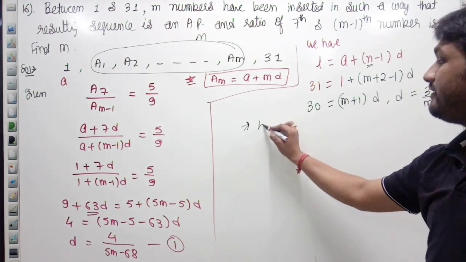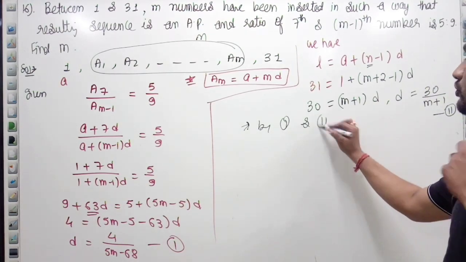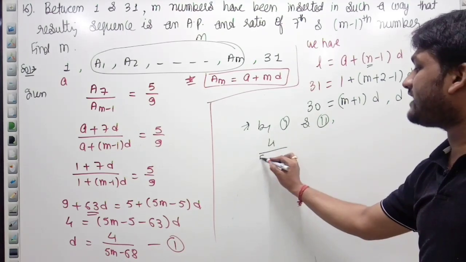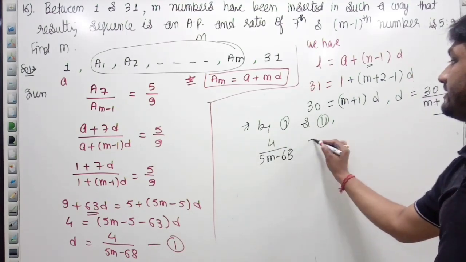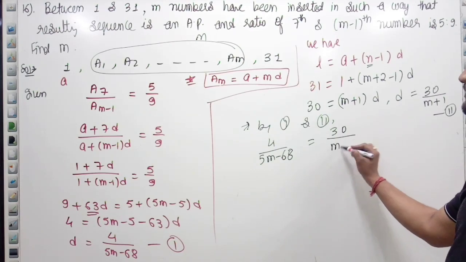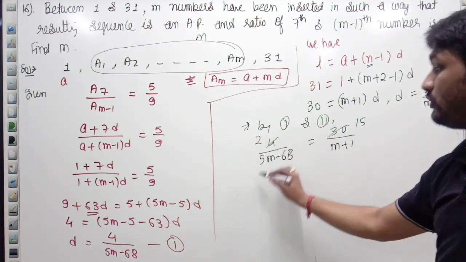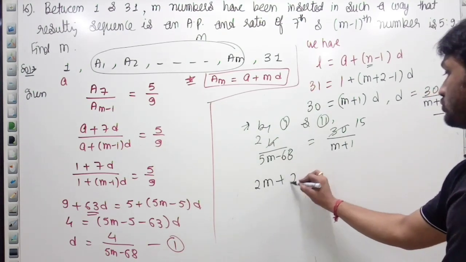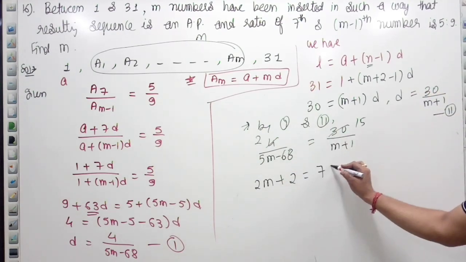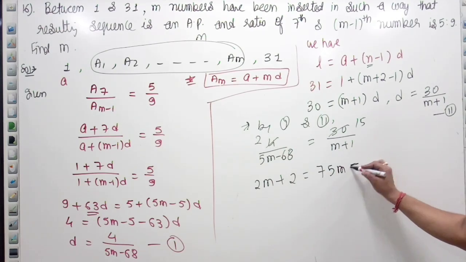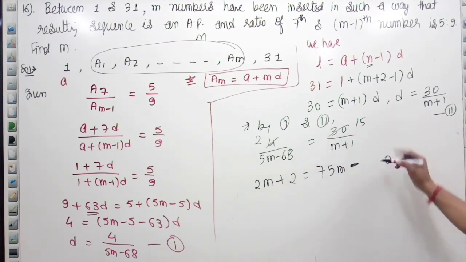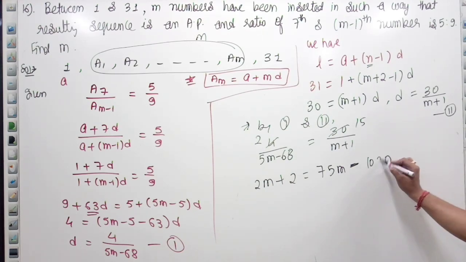Now by equations 1 and 2, first is 4 upon 5m minus 68, and the other is 30 upon m plus 1. Dividing by 2, we get 2 and 15. Cross multiply: 2m plus 2, 15 fives are 75m minus 15 eights are 120, 15 sixes are 90, 90 plus 12, that is 102.